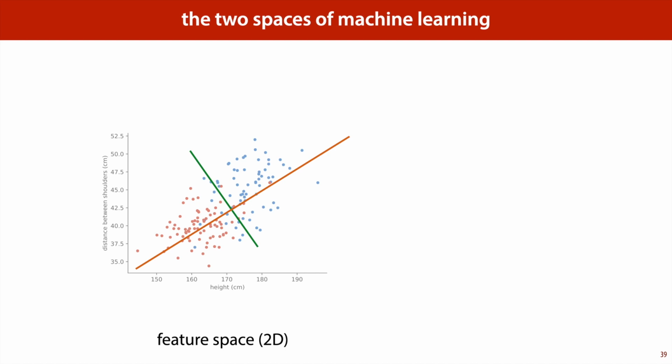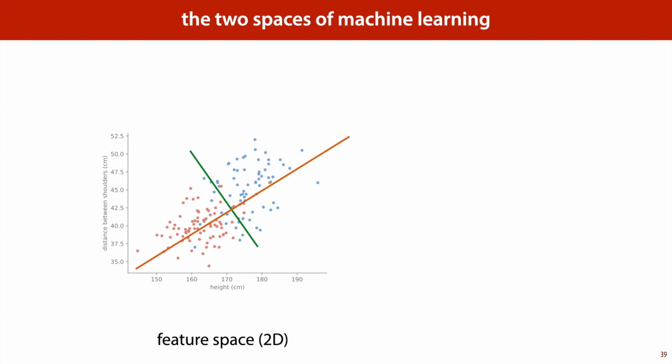We could also draw the orange line. So the next question is, out of all the lines we can draw, which one should we draw? And intuitively, it's obvious to us that the green line makes a better fit than the orange line, because the green line separates the red and the blue dots a little better. But we need to make this more precise so that we can build a computer program that selects this line for us.